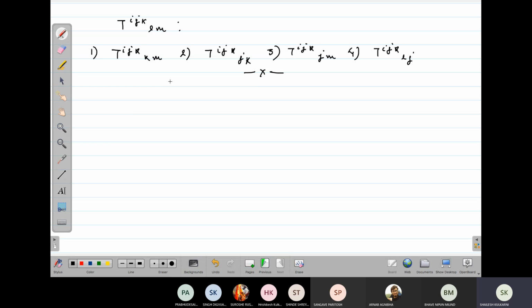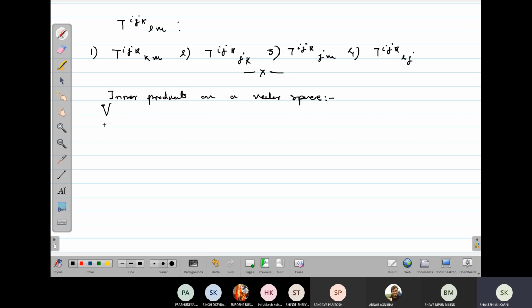Now let me introduce the concept which you know already, that is the inner product space. Inner product on a vector space. Okay. So what is an inner product? Let V be a vector space.